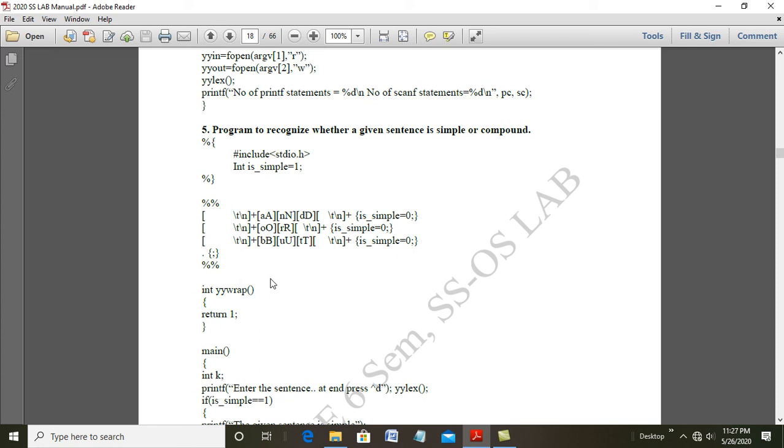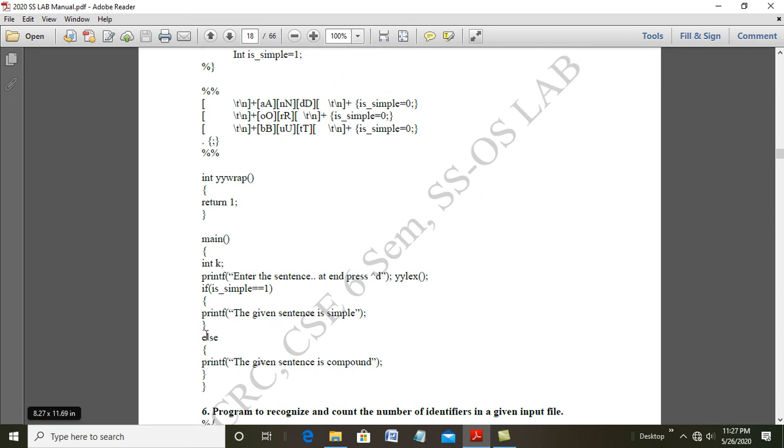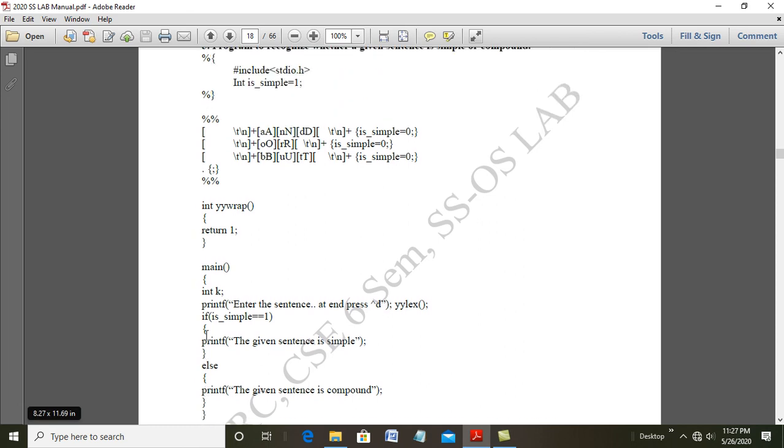Like that, you will be declaring some rule sections, and within those rules you will be incrementing. Then within the main method, you will be checking with a simple equal to: if so, the given statement is simple. If this value is not equal to 1, then the given statement is compound, right? So these are the basic examples and the structure of both lex and yacc along with the programming syntax.